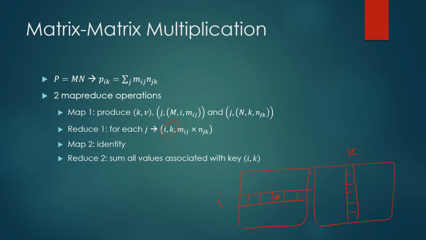So either you replicate this n times so that they can be picked up by the corresponding reducer and done independently, or I generate one of these and, for each pair, gather them together, multiply them separately for all possible combinations, and send them out again. That's the only difference: whether you're generating the replication here, or whether this particular reduce task is doing more work in generating the n squared combinations that you would need. That's all you're doing.